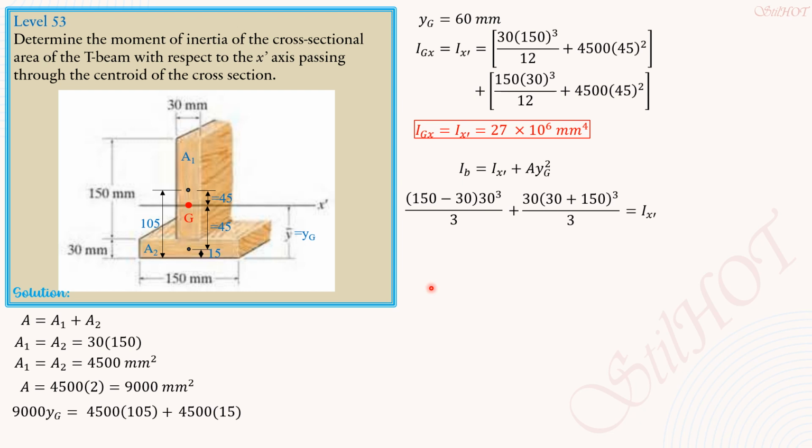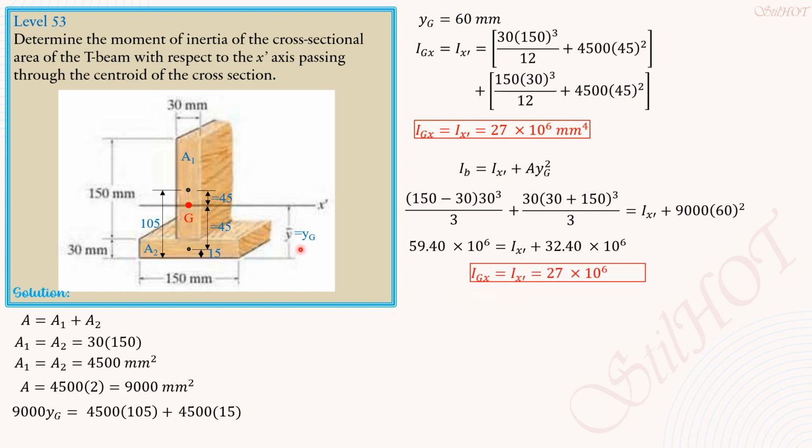So equals Ix prime plus area 9,000 times 60 square. So if you compute for Ix prime, it should be the same as 27 times 10 to the 6. So combining these two, this is 32.4 times 10 to the 6. So Ix prime is also Igx, 27 times 10 to the 6 mm to the 4th.